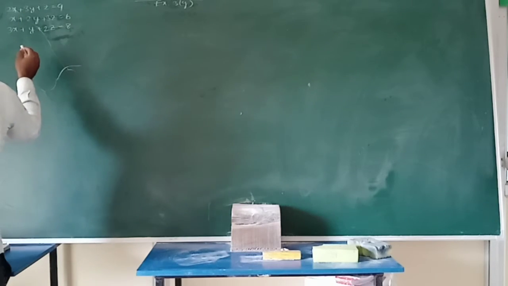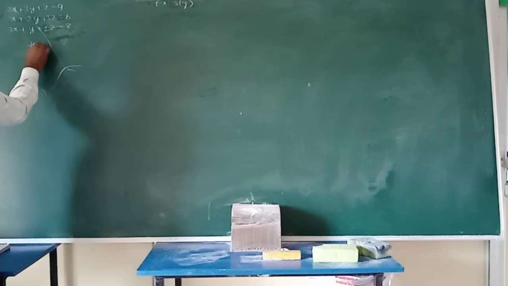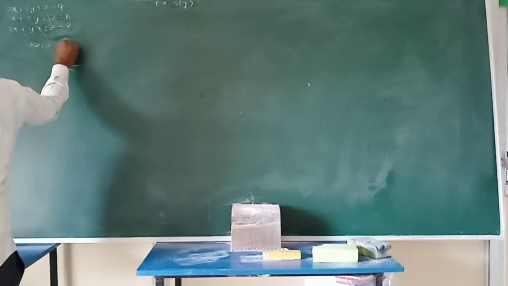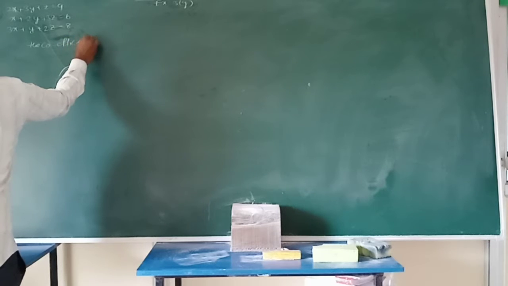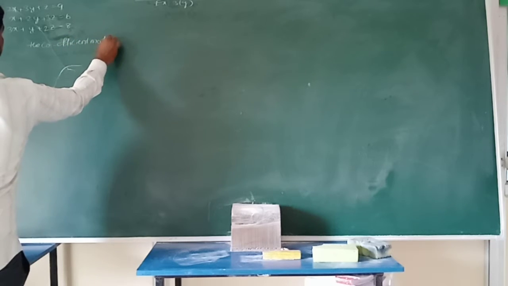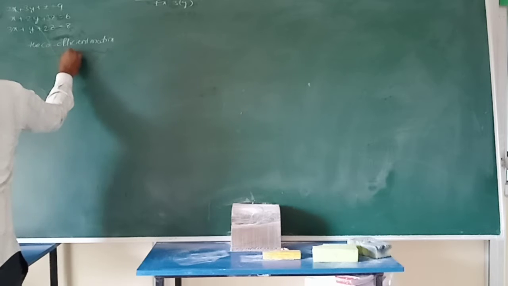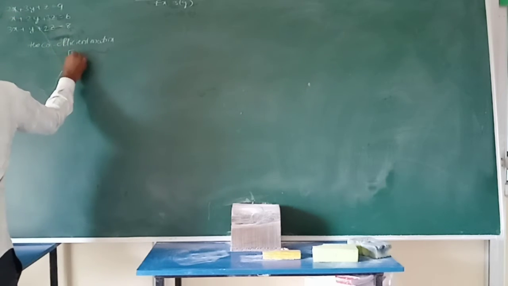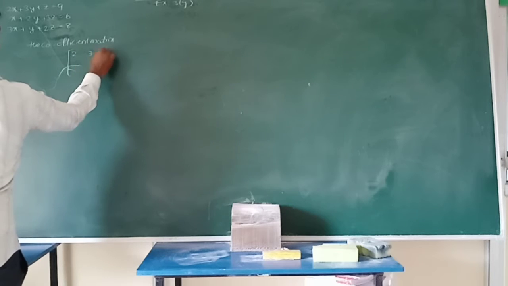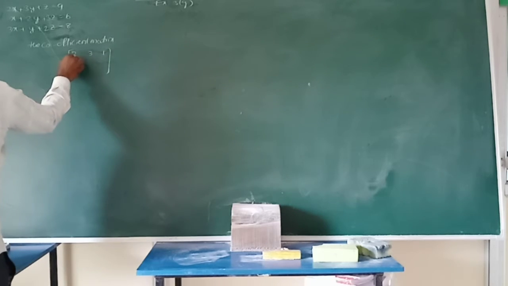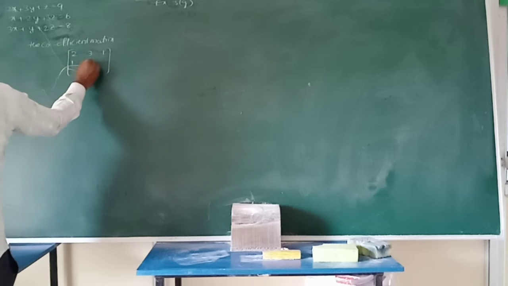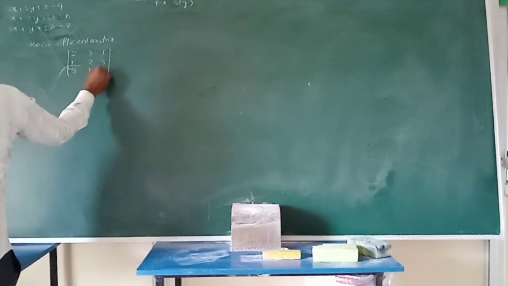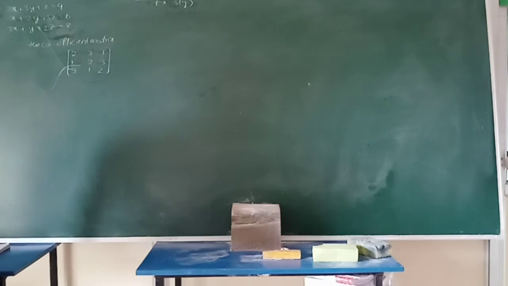The coefficient matrix is: the coefficients of x, y, z in the first row are 2, 3, 1, the second row 1, 2, 3, and the third row 3, 1, 2. This is the coefficient matrix.